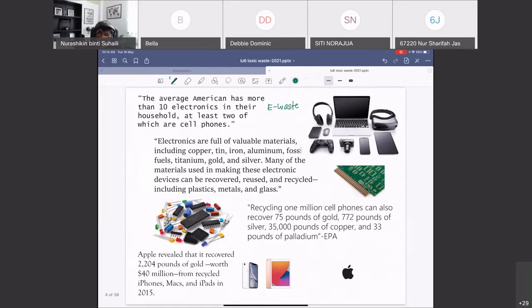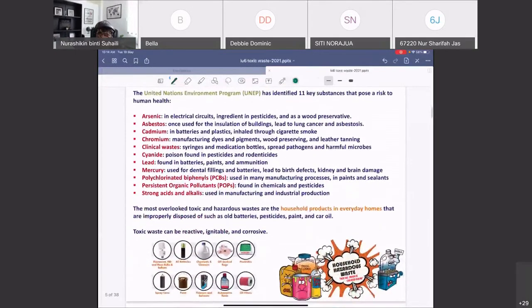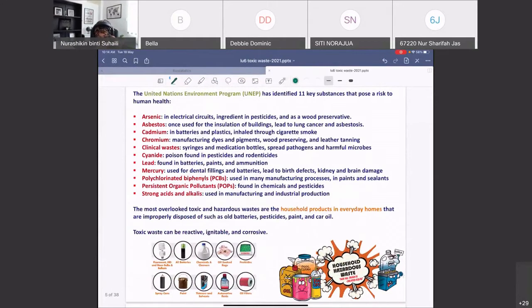Okay, so let's go back to the toxic materials. These are some of the key substances listed by the United Nations Environment Programme, whereby these compounds can pose a risk to human health.